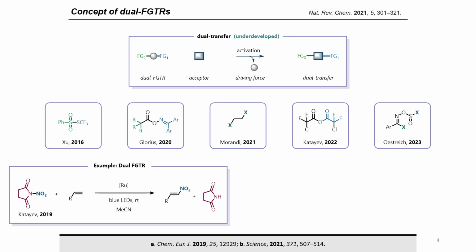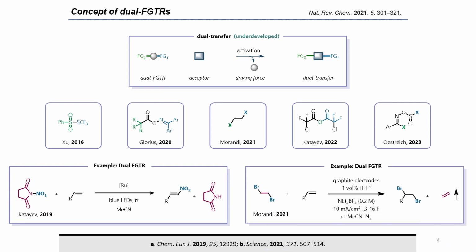The one example is from our group, where we can do a terminal nitration of olefins and then release the succinimide core using the monofunctional group transfer reagent N-nitrosuccinimide. While the Morandi group used electrochemistry to do the synthesis of dibromine compounds.